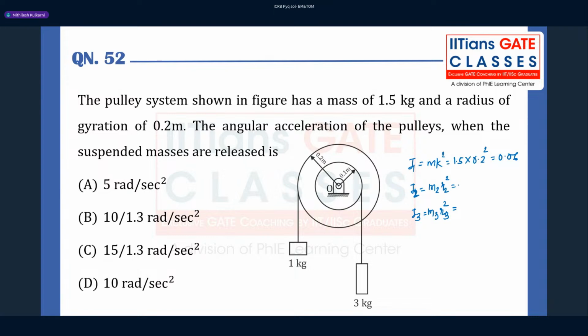So it will be 1 into 0.2 square, and from here it will be 3 into 0.1 square. So 0.04 and 0.03.